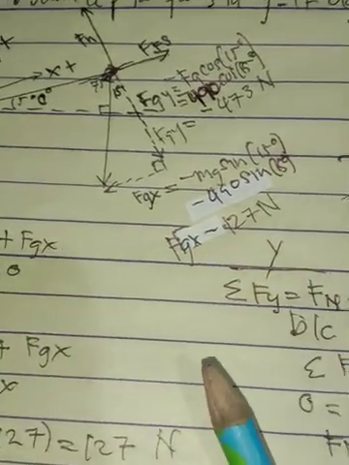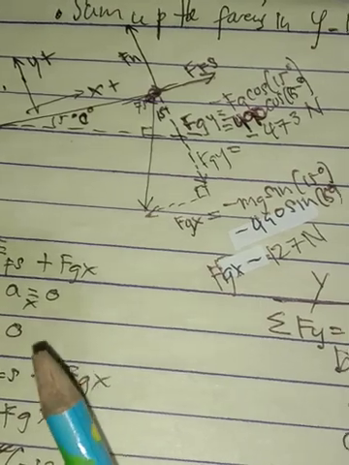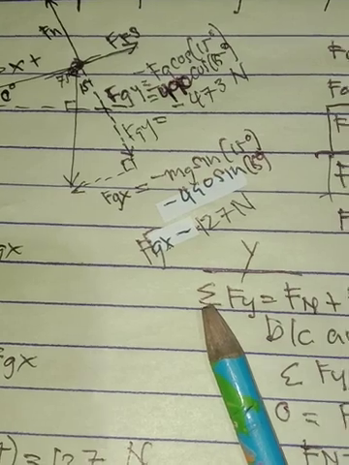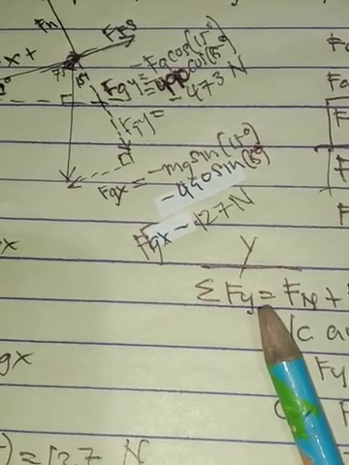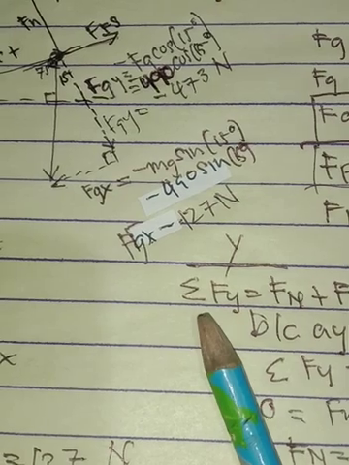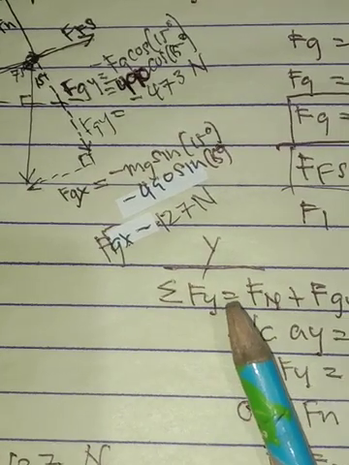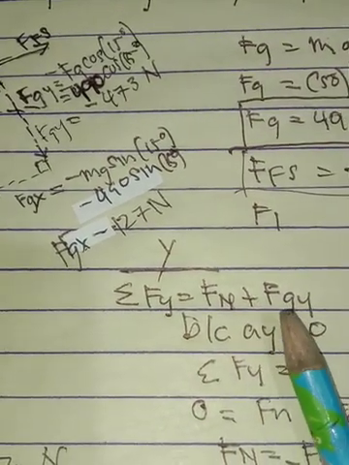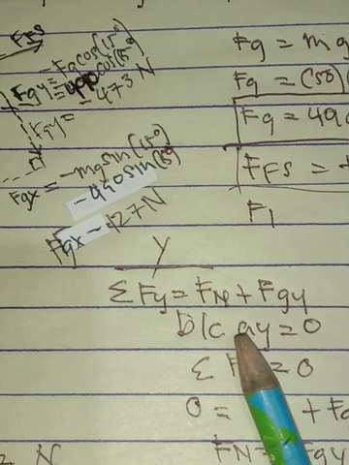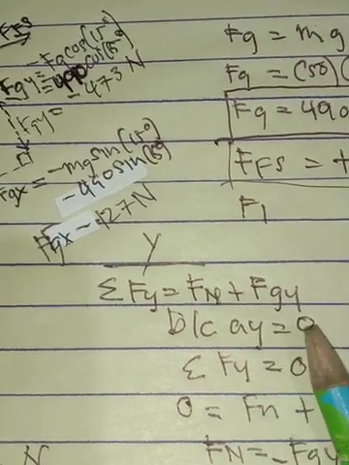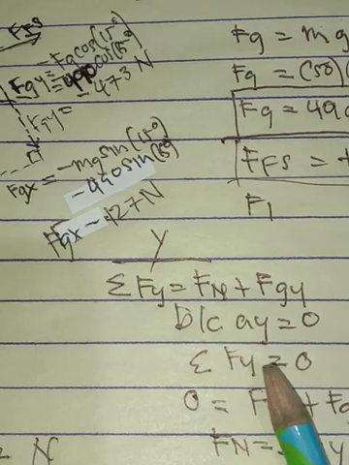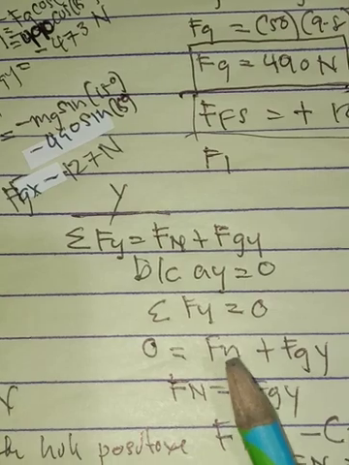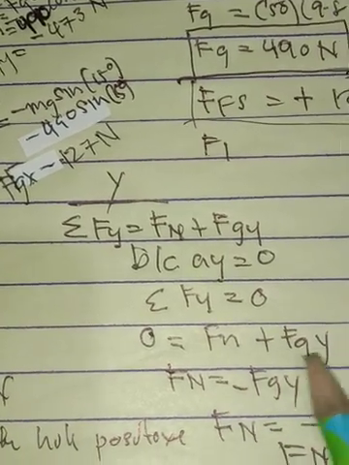The next step is to find the value in the y axis. The total force in the y axis equals force normal plus force gravity y. Because acceleration y is equal to 0, the total force in y equals 0, so 0 equals force normal plus force gravity y.